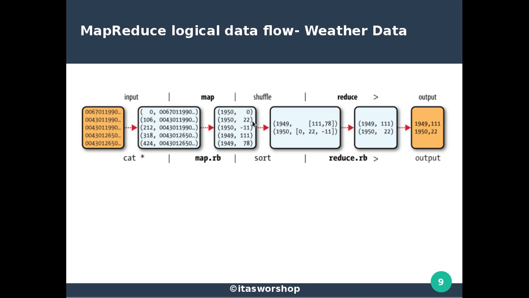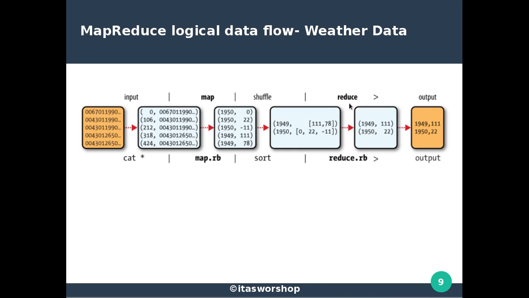Now all this temperature for 1949 is getting listed out. So in the shuffle and sort stages it is getting listed out. For 1949, let us say we have some temperature set 1, 11, 78. For 1950 we have some set 0, 22, minus 11. That is per day data, and in a real data set it will be for 364 days.